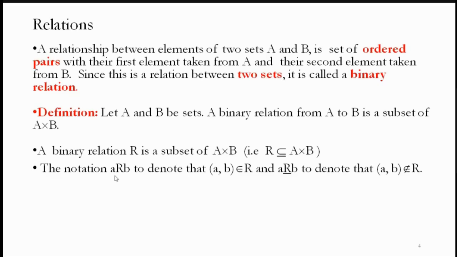You are supposed to place an underline, that is A R with an underline. Whenever you mention the underline, that means (A, B) does not belong to R. This is the way you are supposed to represent a relation between two elements in two different sets.